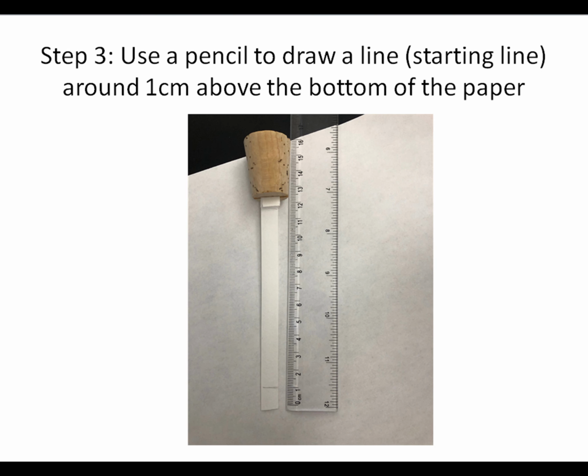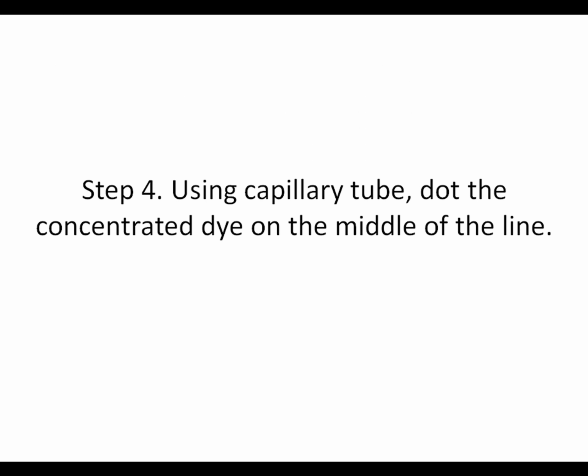Step 3, use a pencil to draw a line, which is going to be the starting line, around 1 centimeter above the bottom of the paper. Step 4, using a capillary tube, dot the concentrated dye on the middle of the line.